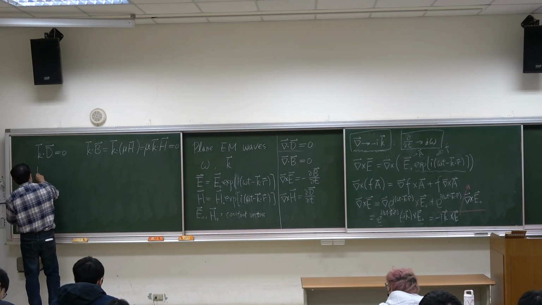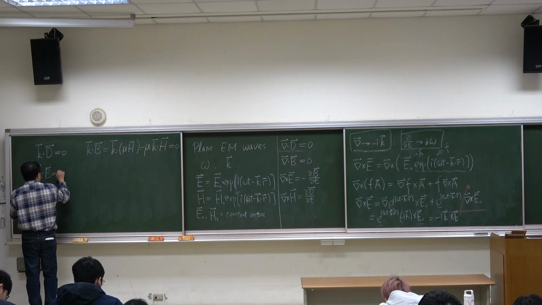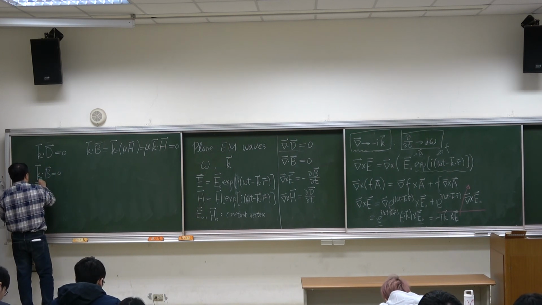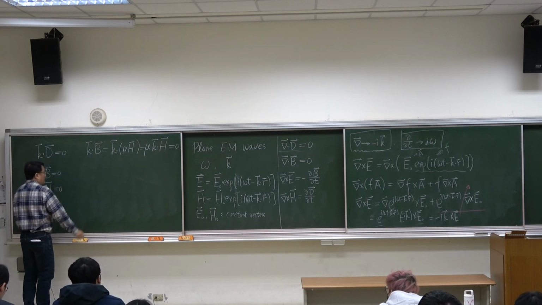In fact, we find that k dot B is 0 and k dot H is also 0.